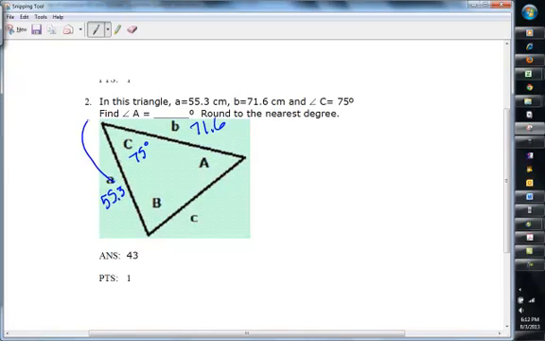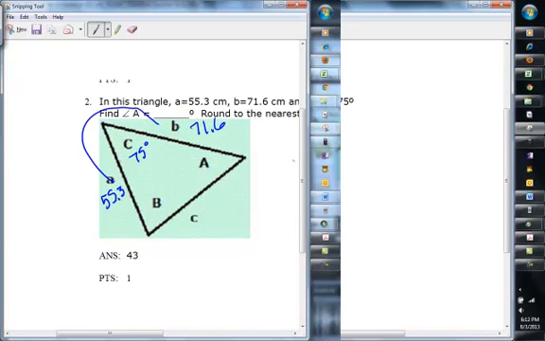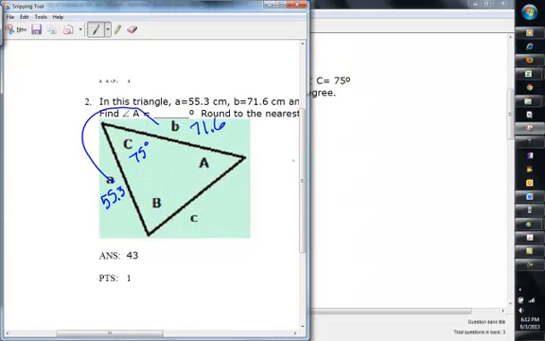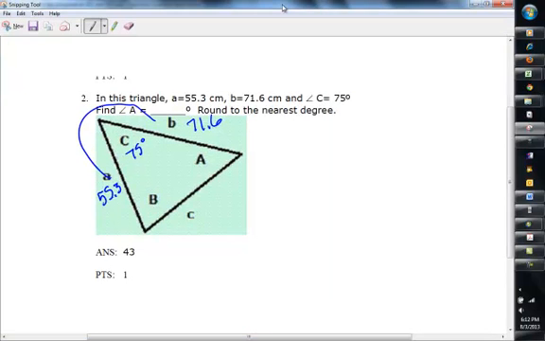This is a side angle side triangle, and we're looking for angle A. What we can do with this situation is to find out what side C is, and then use the law of sines to determine what angle A is.